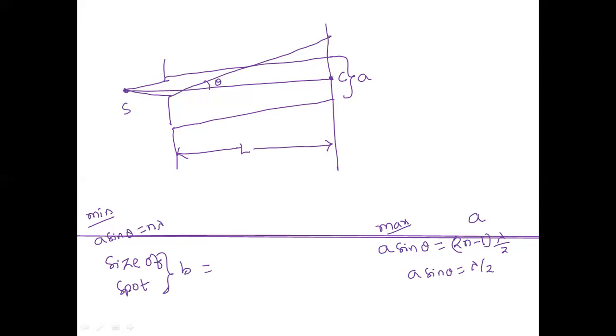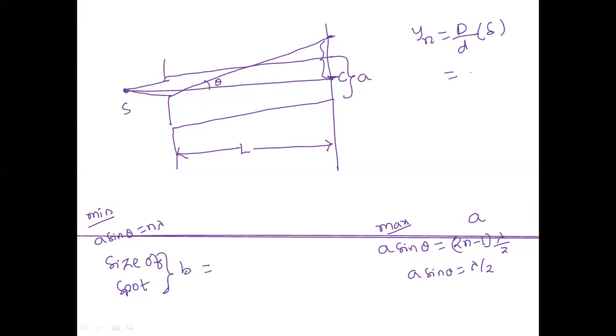Now I want to find from here to here what the distance is. yn equals capital D by small d into delta n.